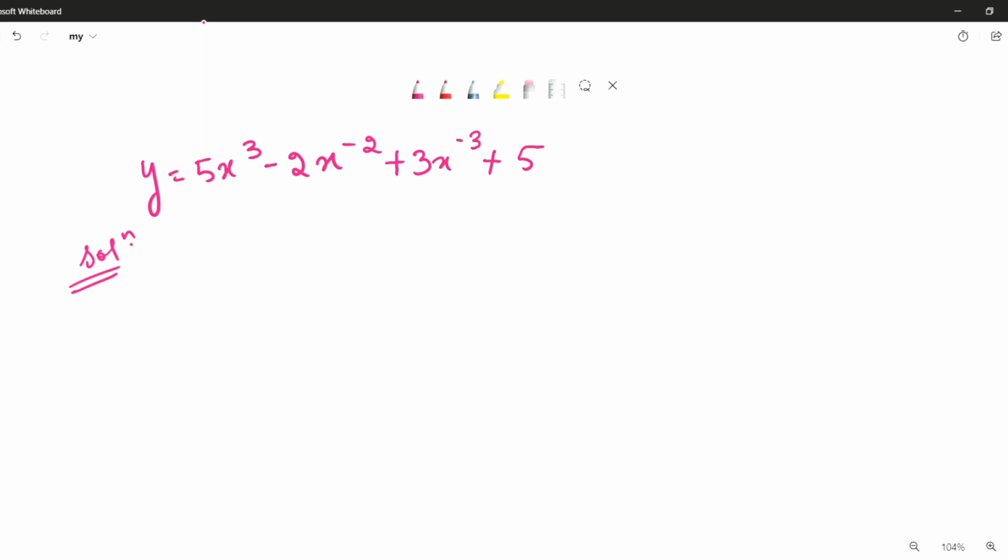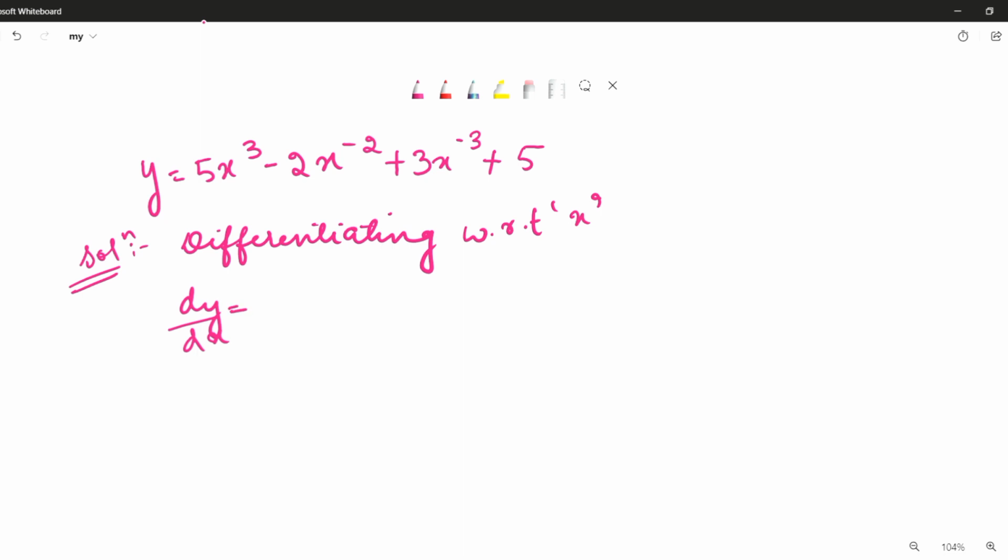Solution: differentiating with respect to x. dy by dx equals 5 into 3x to the power 3 minus 1.